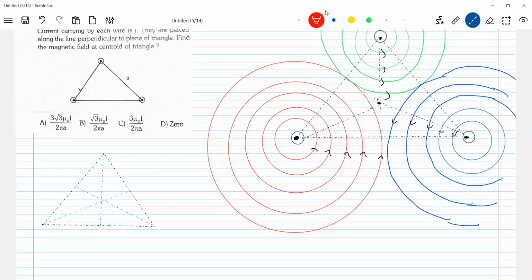So B bar, this you call 1, 2, this is 3. This will be B1 perpendicular to this. Then the green color one perpendicular to this wire, B3, perpendicular to this will be B2. So what will be the angle between them? 120 degrees.